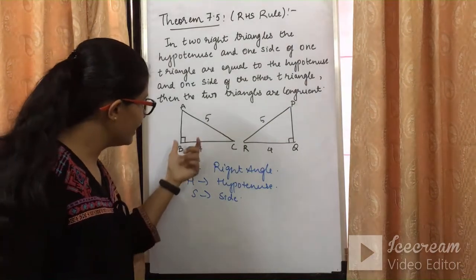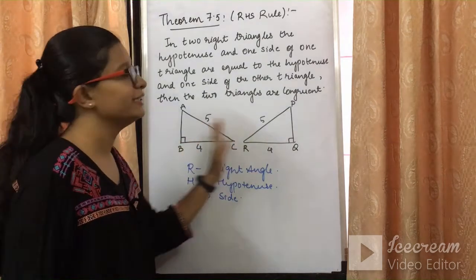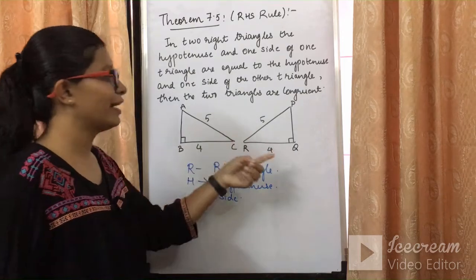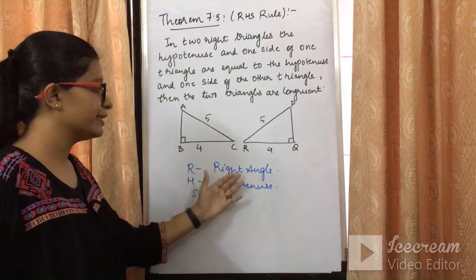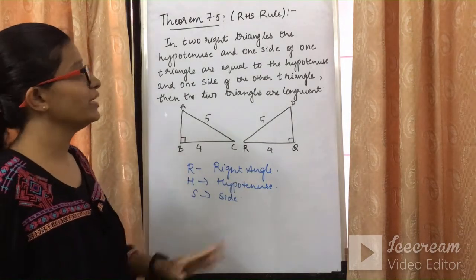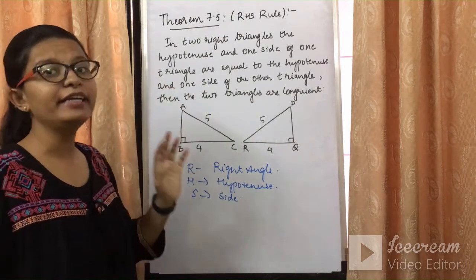There is a right angle in both triangles, 90 and 90. So we can say that these two triangles are congruent because two sides are equal and one angle is equal. Since the angle is 90 degrees, it is a right angle. The rule is the RHS rule. This is the statement given in the book, and this is theorem 7.5.